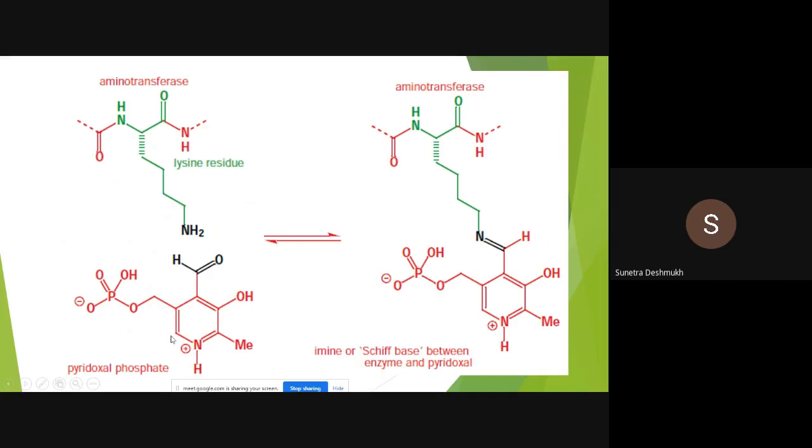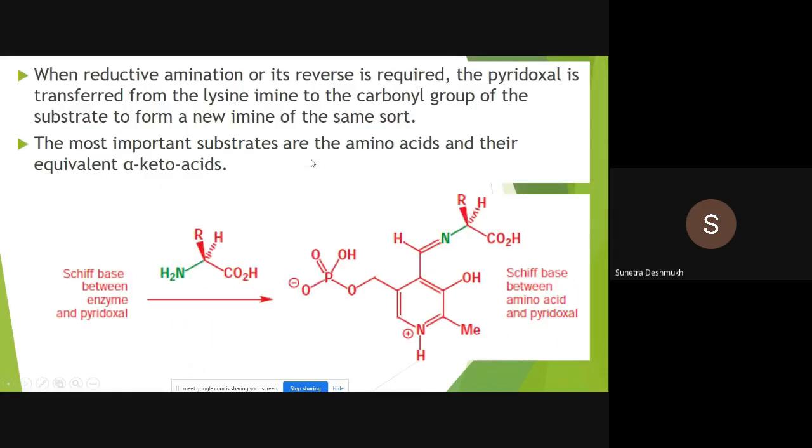When pyridoxal is bound to this lysine residue, it acts as a reagent, and that is utilized whenever we need transfer of hydrogen, or whenever we need a new carbon nitrogen bond formation. Here is the Schiff base between enzyme and pyridoxal.